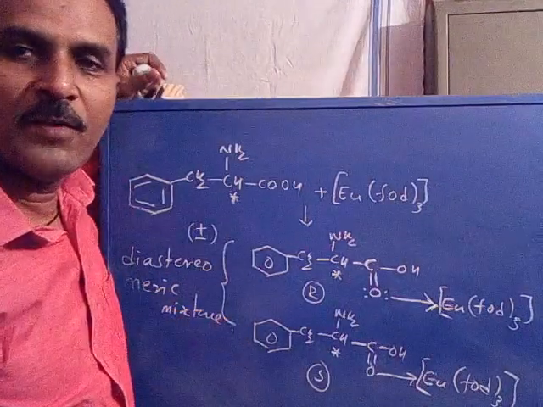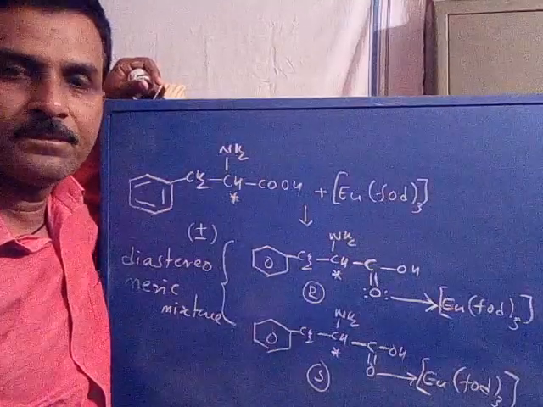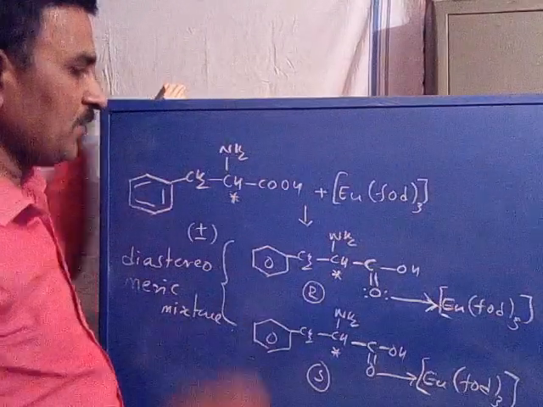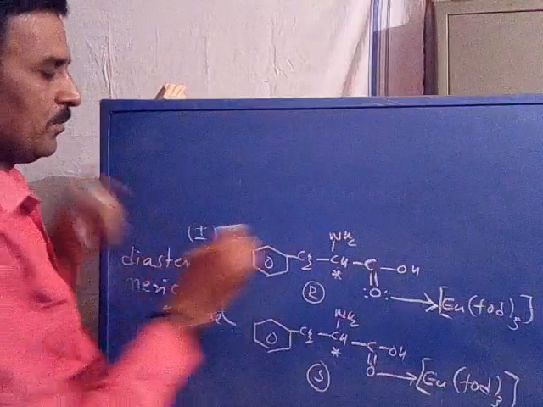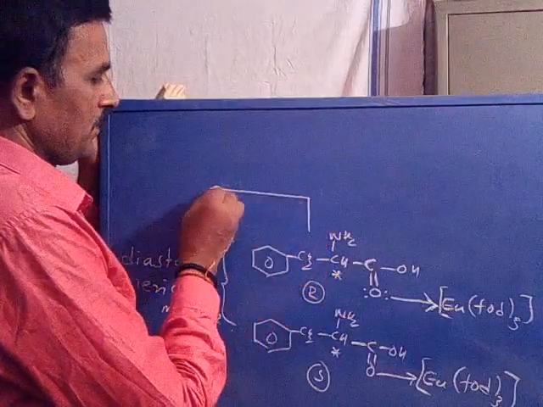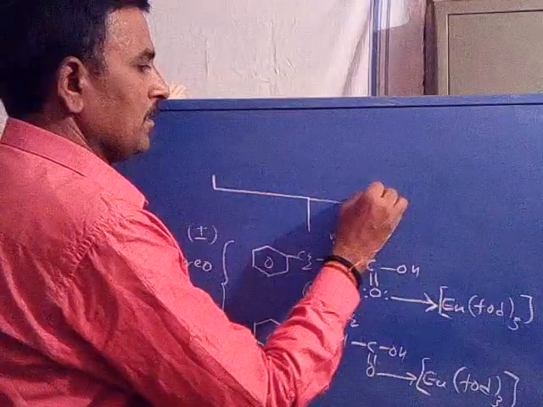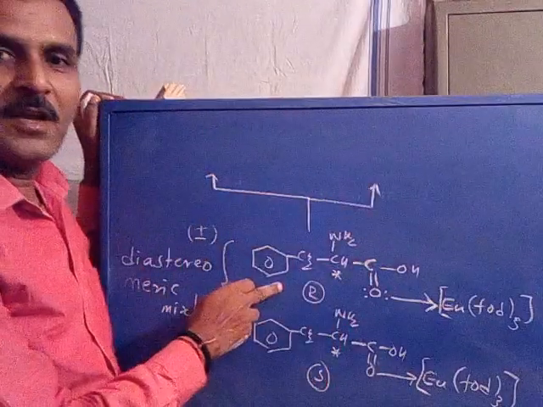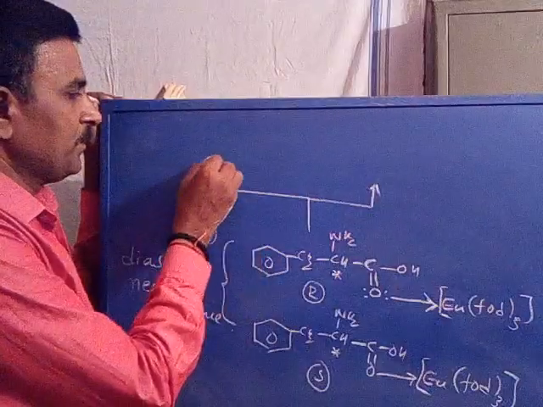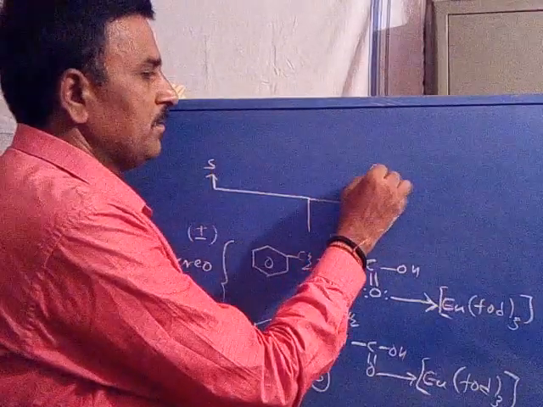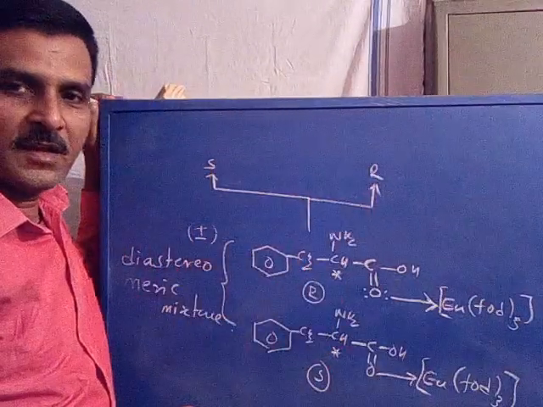Is it clear? Now from the diastereomeric mixture, each diastereomer is separated, S1 and R1. Is it clear?